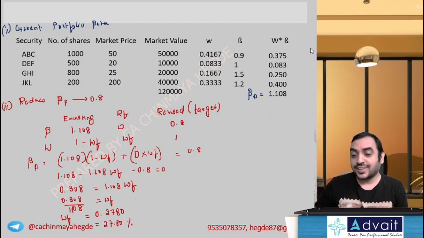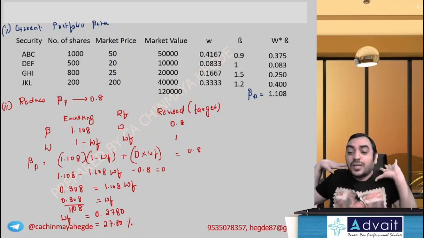When you structure your investment portfolio, it is 27.79, but when you round off, the 9 is there, so we'll round off, and you get 27.80.